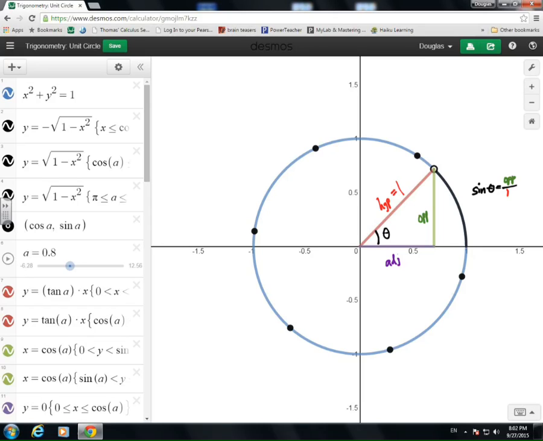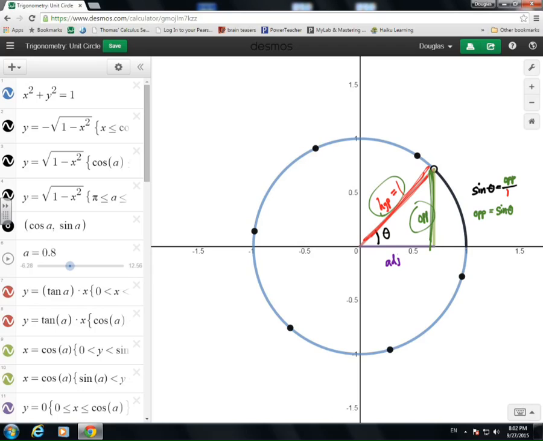Therefore, the length of the opposite side, written OPP, is equal to the sine of theta. That may not seem significant to many people, but when working with trigonometry and triangles, we always had to make relative comparisons. We had to look at the length of this side and describe how it compares to the length of this side right here.